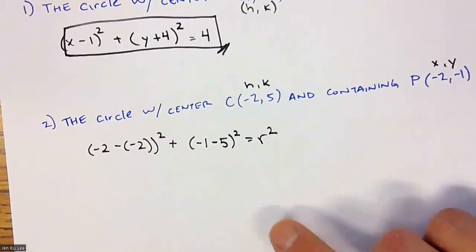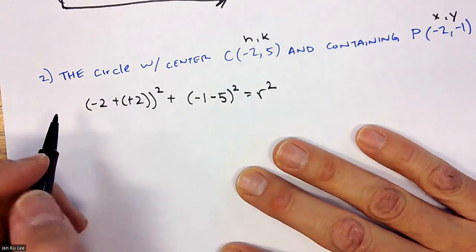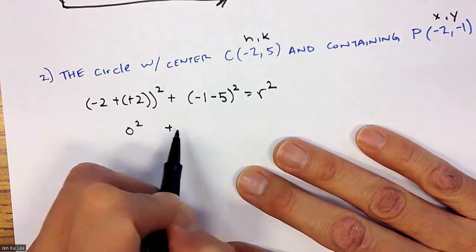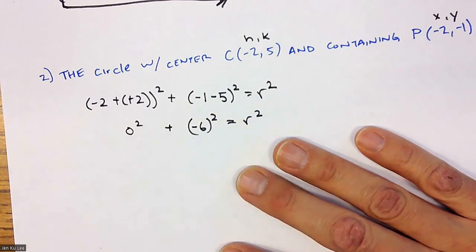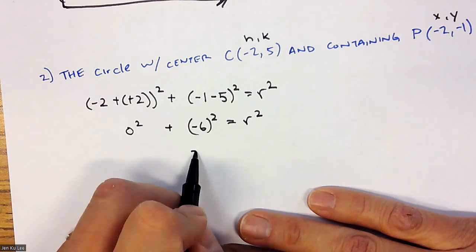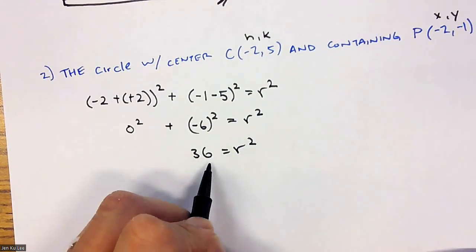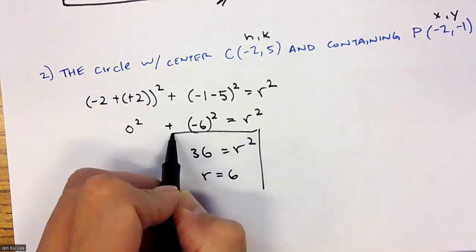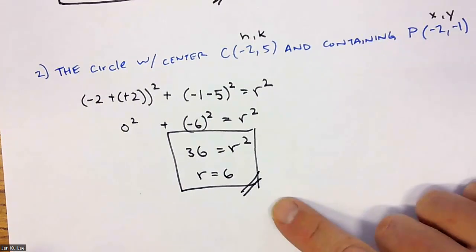I have to figure out what r squared is first. So doing this math, 2 negatives make a positive again. So -2 plus 2, that's 0 squared plus -6 squared equals r squared. So 0 squared is 0. -6 squared is 36 equals r squared. So r squared is 36 and r is 6. Okay. So then we have that.